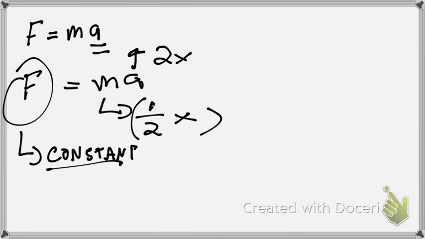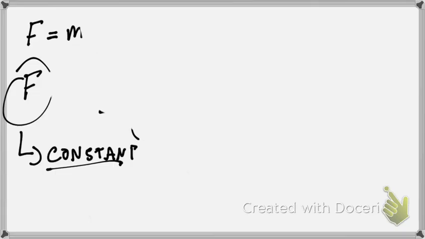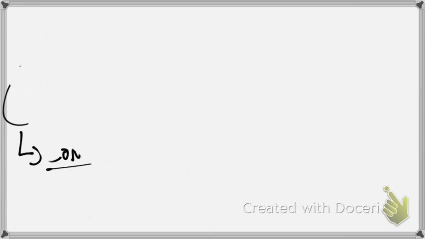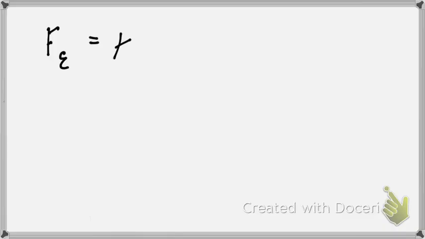And now let's go back to our electrostatic force equation, okay? Our electrostatic force is equal to our K constant times Q1 times Q2 over R squared, right?